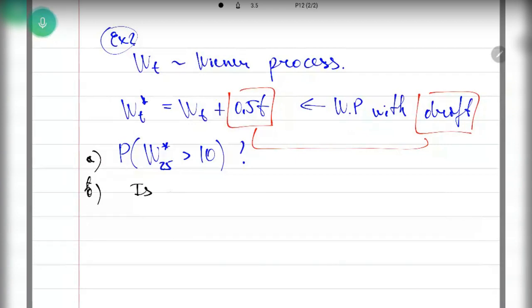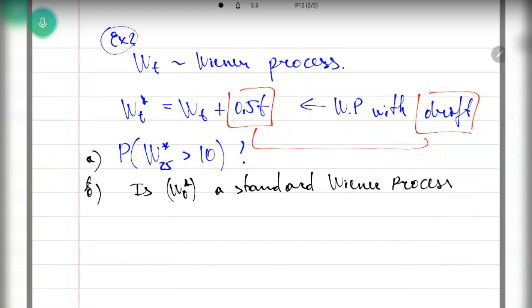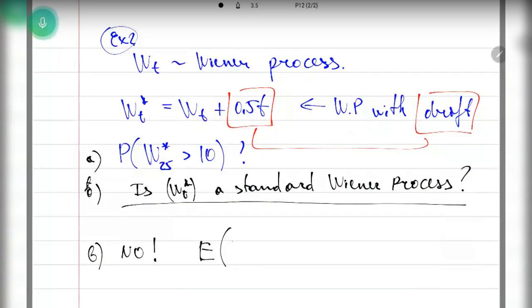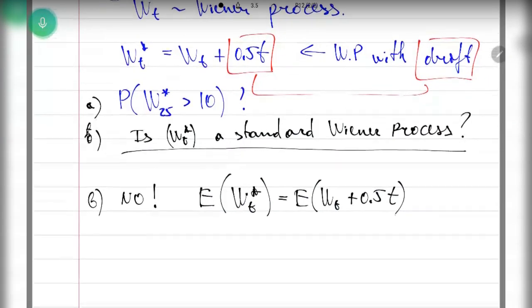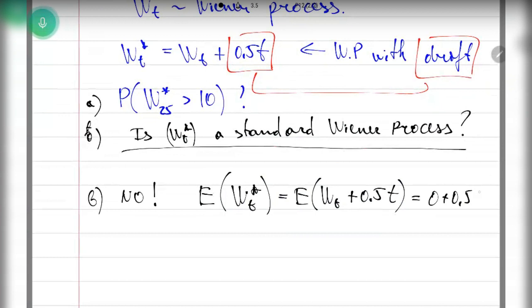And the second question is: is Wt star a standard Wiener process? So I have two questions. Is Wt star a standard Wiener process? The answer to the second question is no, because if I calculate the expected value of Wt star, I will get the expected value of Wt plus 0.5t, and I see that is 0 plus 0.5t.